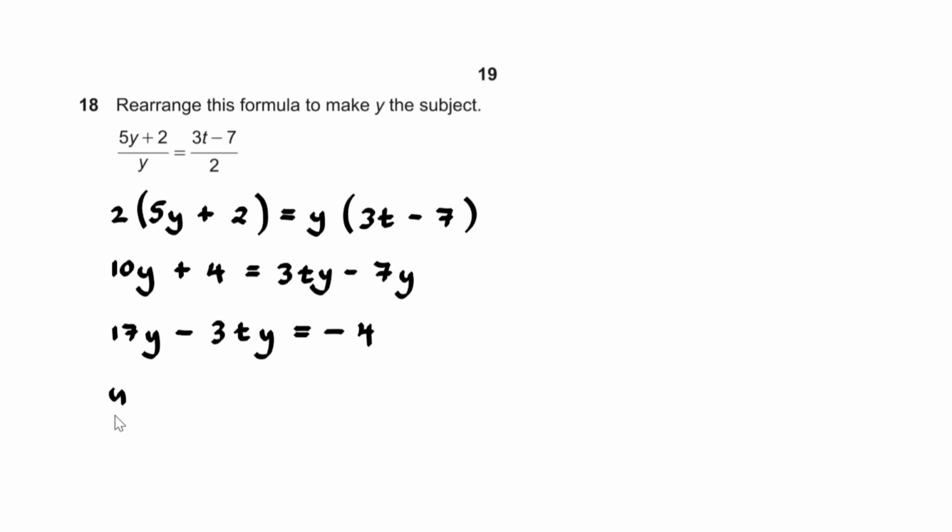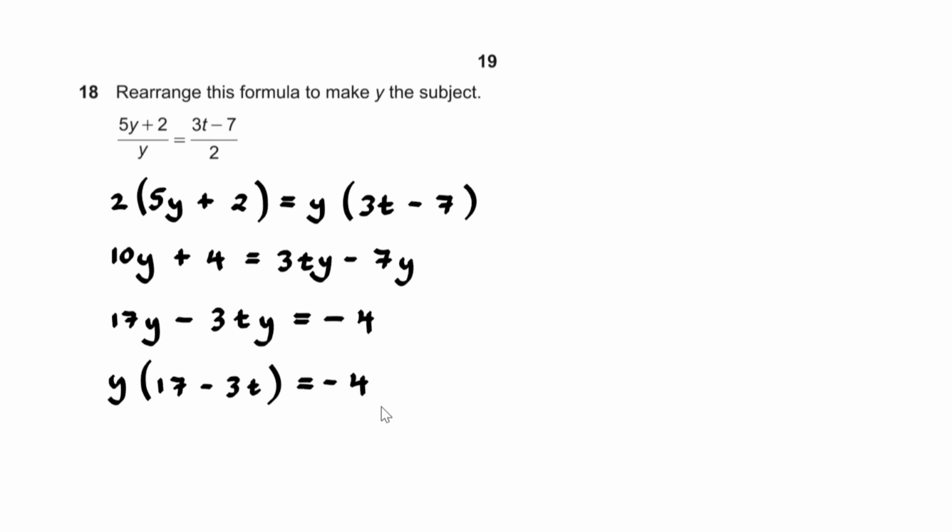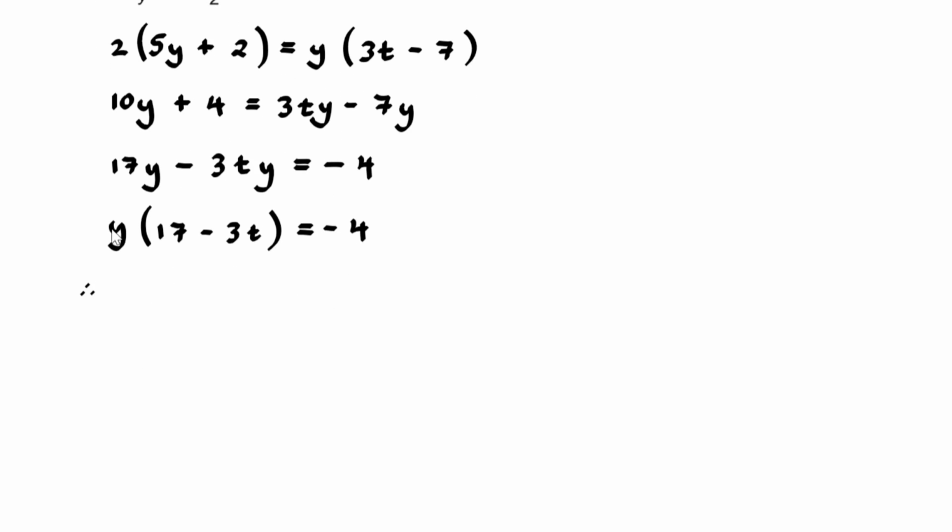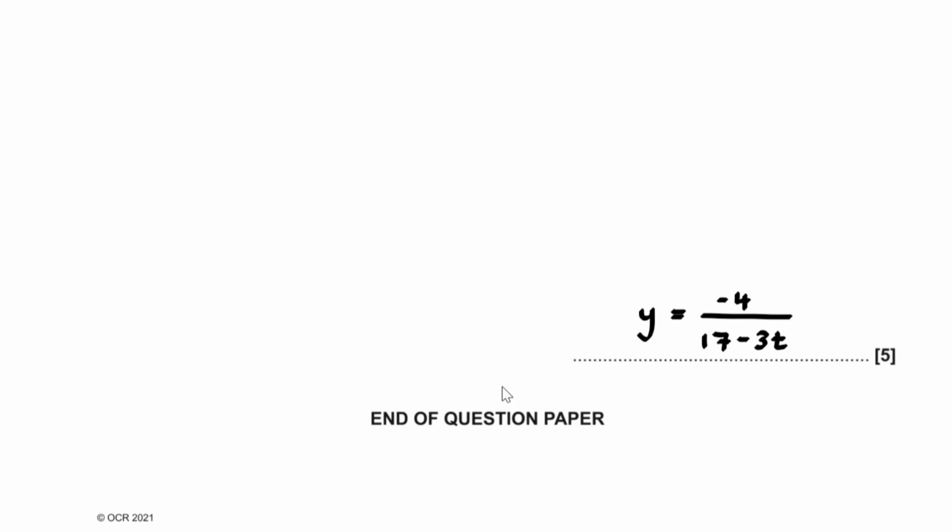And now if I factorize out a y, we would have y multiplied by 17 subtract 3t equals minus 4, which means if I divide through by 17 minus 3t, y is equal to minus 4 divided by 17 minus 3t. So here is our required formula.